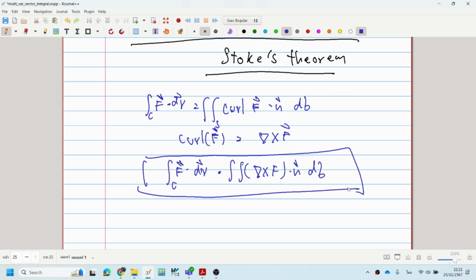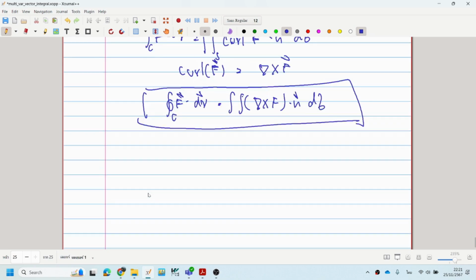You can use the surface integral or the line integral. It's a line integral around a closed curve, the edge of the surface. This is the relation of the Stokes theorem.